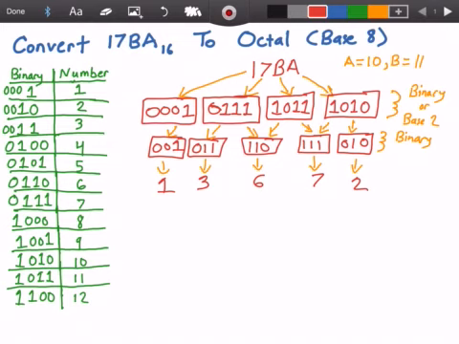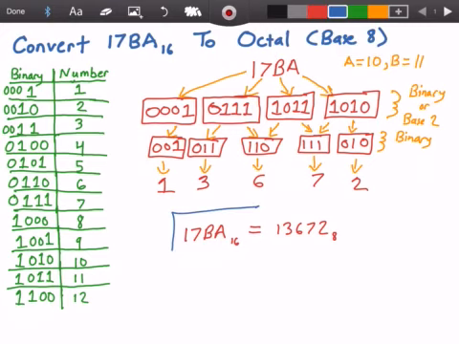This means that our hexadecimal number, which is 17BA, and we just put a little subscript here for base 16, is equal to 13672 in octal, or base 8. So for that, we just put a little subscript of 8. And that is our answer.